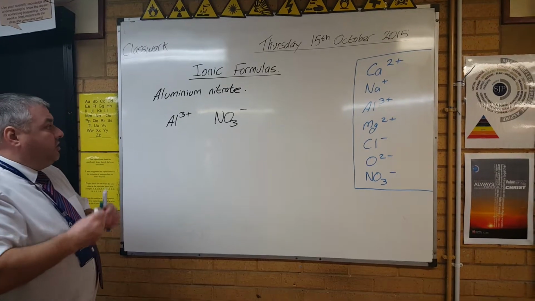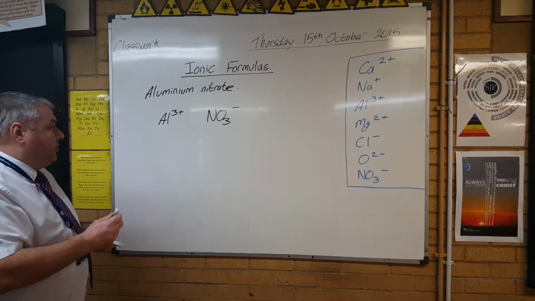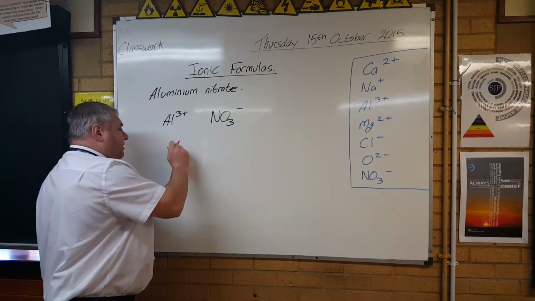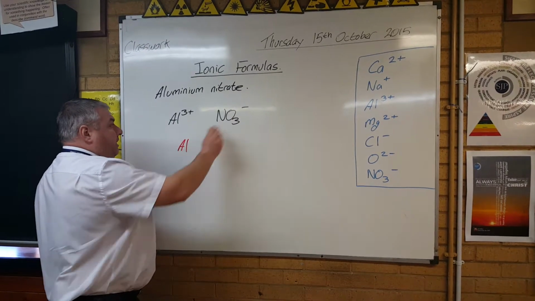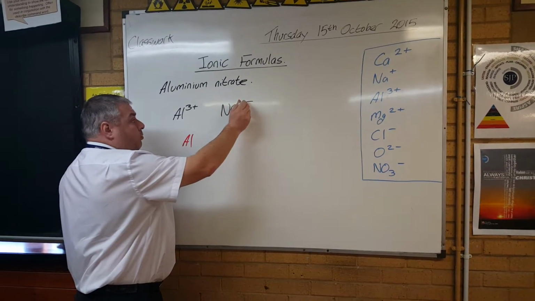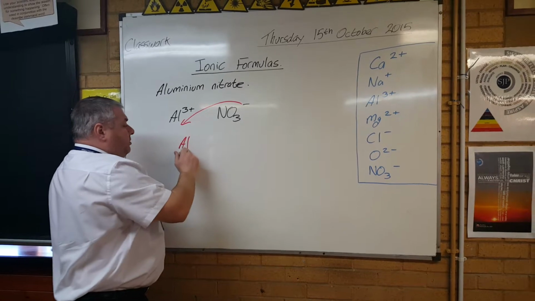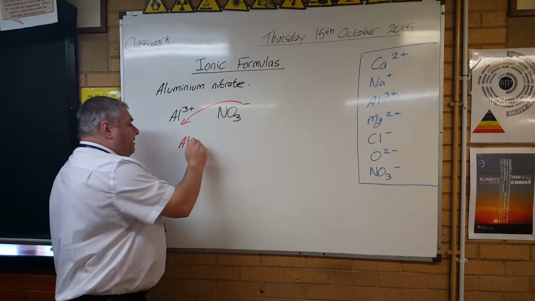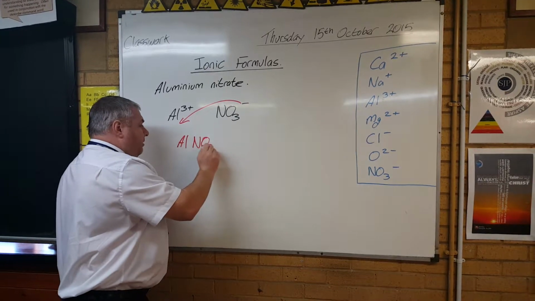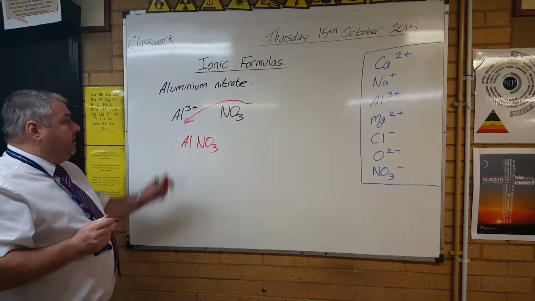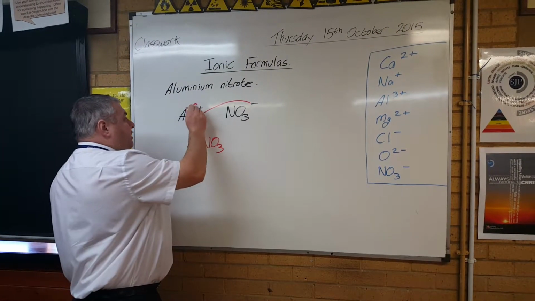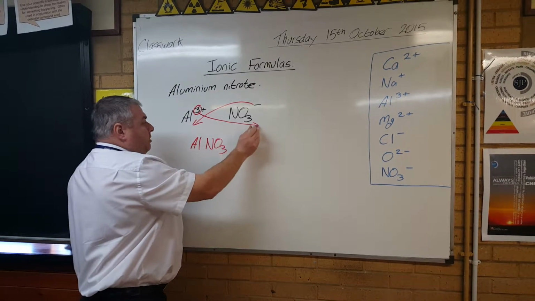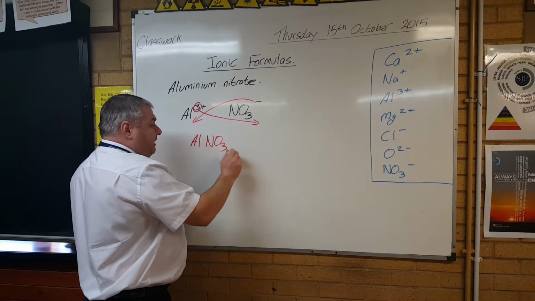So we're going to follow the same rule as we did before. So aluminium, we write that down, and the number we put here would be from here. So this is a number 1. So we don't have to put the number 1, remember, because we've written our Al. Then we're going to write down the NO3. So how many nitrate ions do we need? Well, the number here is 3, so that's going to go to here. So we need 3 of these.